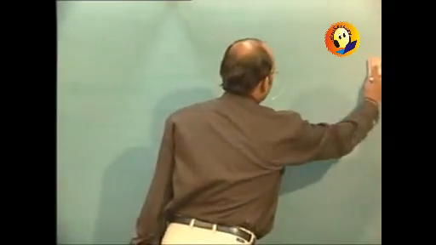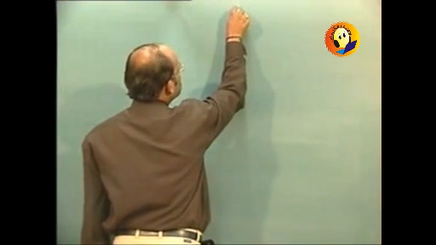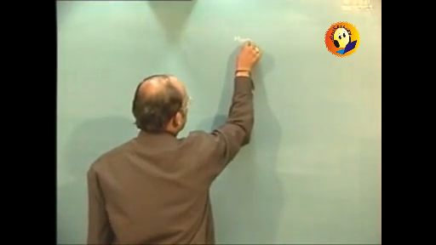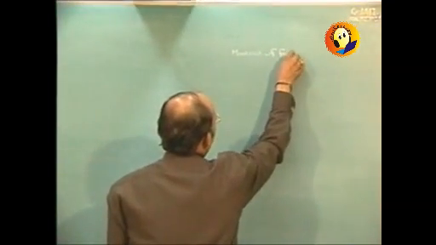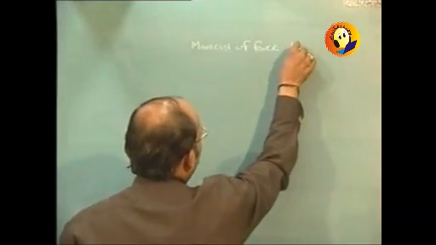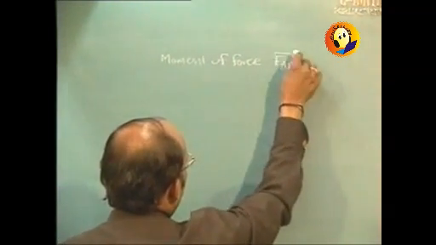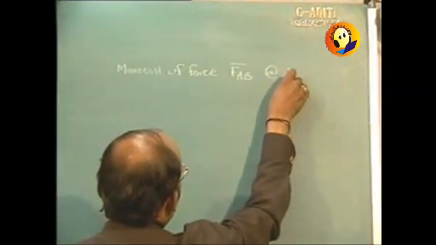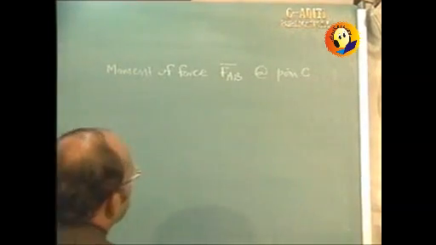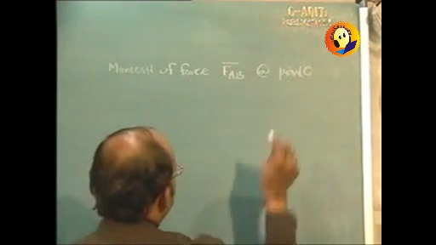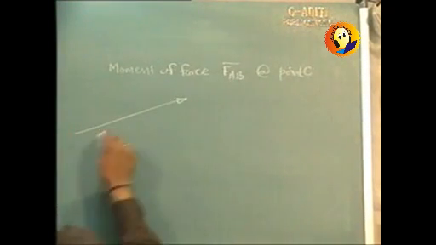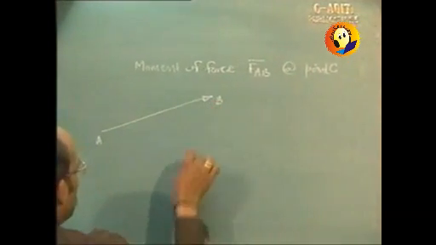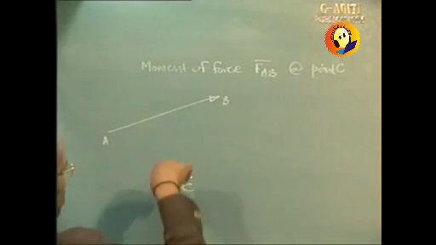So in 3D, when we talk of the moment, then the moment of force F bar, say F AB bar, about point C. Pictorially it will be shown like a force from point A to point B, and this is point C. We want to take the moment about this point.